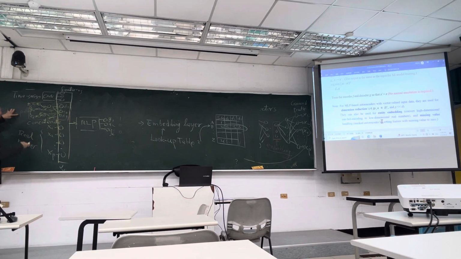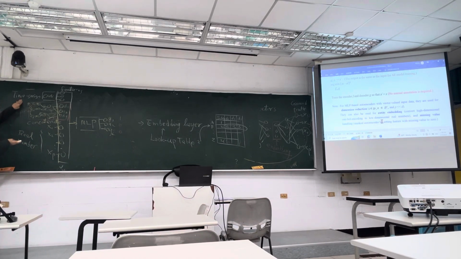This categorical data could mean education level. Okay, 1 for elementary school, 2 for junior high school, senior high school, and so on. And this could be age, gender, weight, and height.